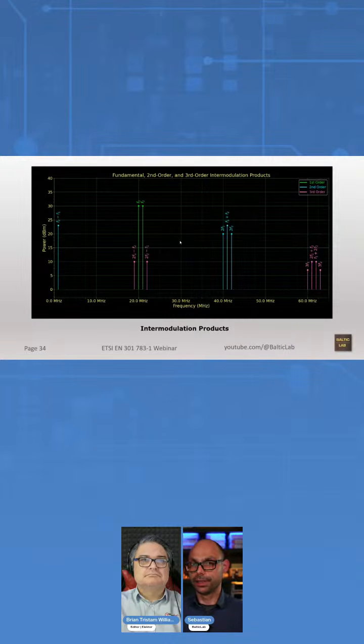Now you might say, well, I'm only putting a 145 megahertz signal into the device. You're not. You're pushing that signal and its harmonics into the device. They all mix with each other. And this disaster here is only graphed up to the third order intermodulation products. There's a whole lot more of those.